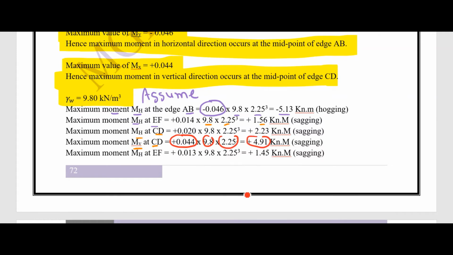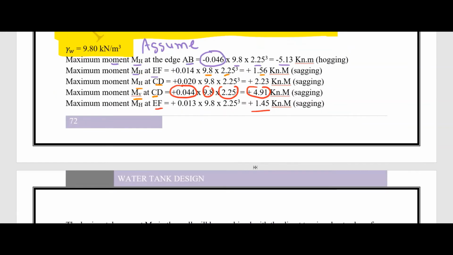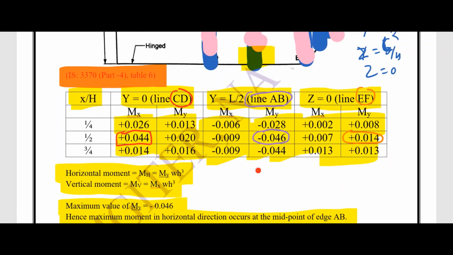Same for the EF, we found a maximum value. So take the maximum value. We don't have to find 1 by 4, 1 by 2 or 3 by 4. It's just a value. We just need to design for the maximum coefficient among these three. Right.